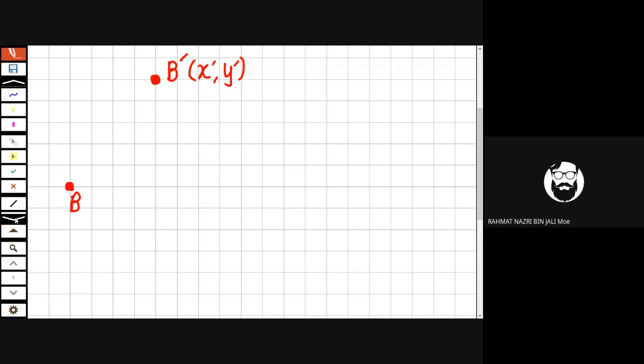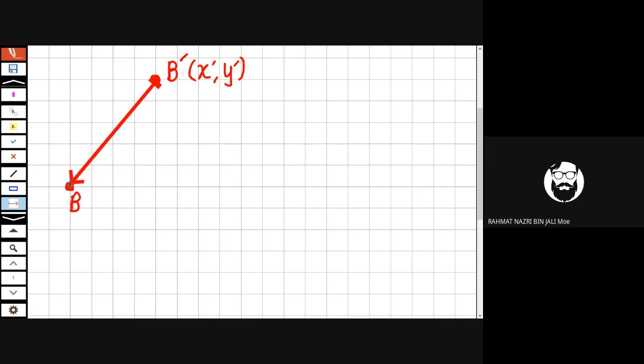Saya lukis dahulu arrow. Arrow masih sama. Okay, vector is vector. Okay, sekarang vector from image to object.